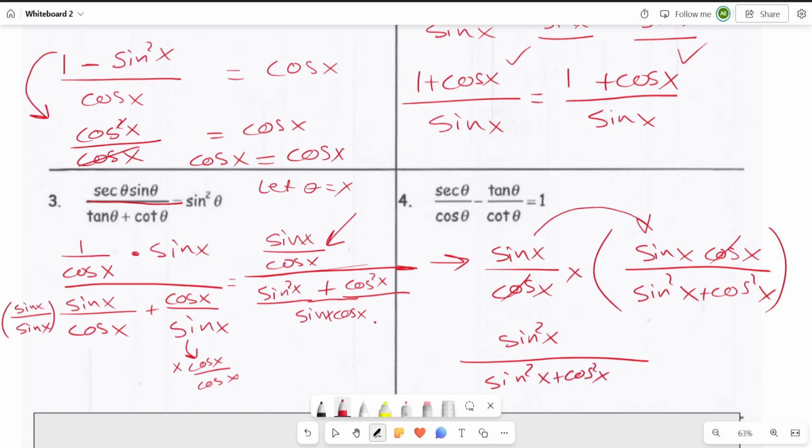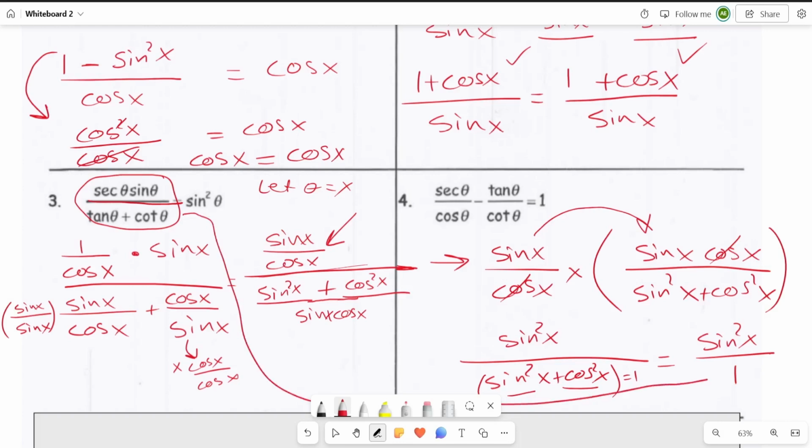From my trig identity, I know that sine squared x plus cosine squared x is 1. So this gives me sine squared x over 1, which is basically sine squared x, and I've now proved that the left side equals sine squared x. Okay, let me erase all this.